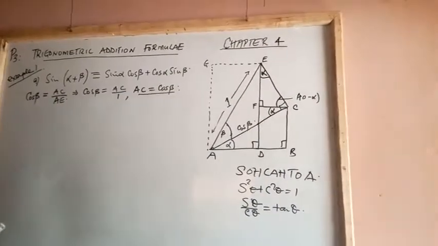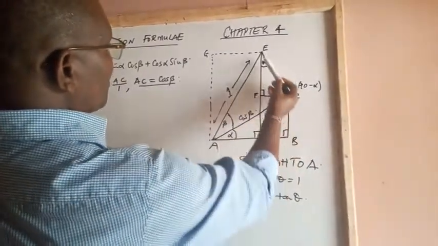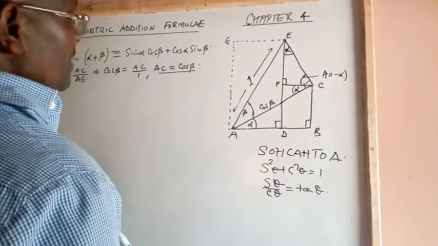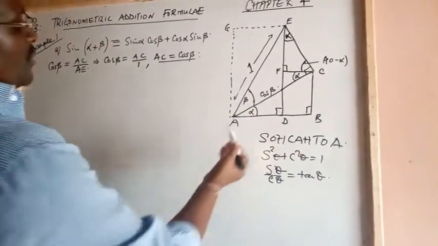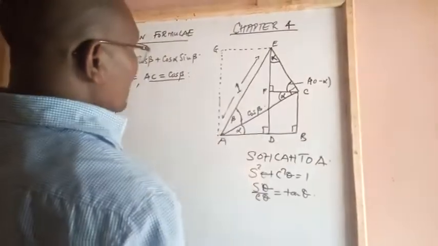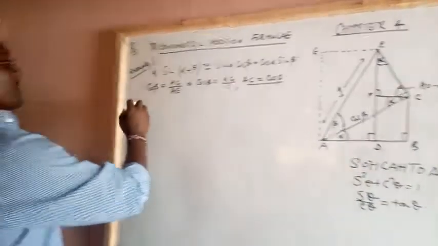In triangle ACE, we can also highlight something to do with the sine of beta.